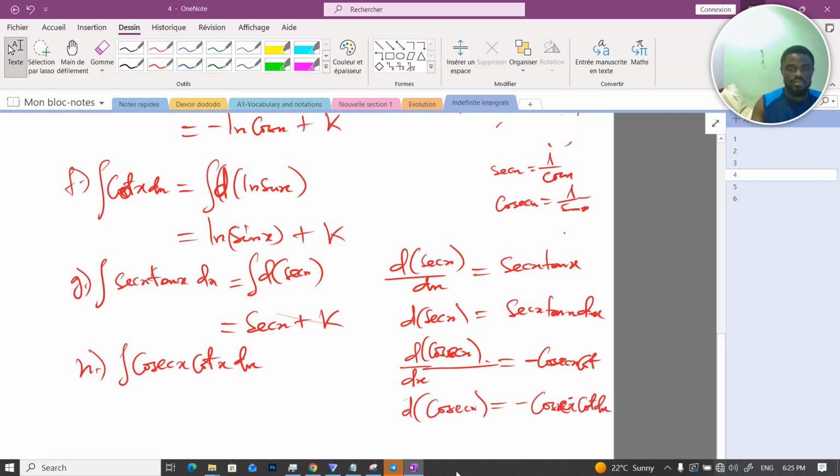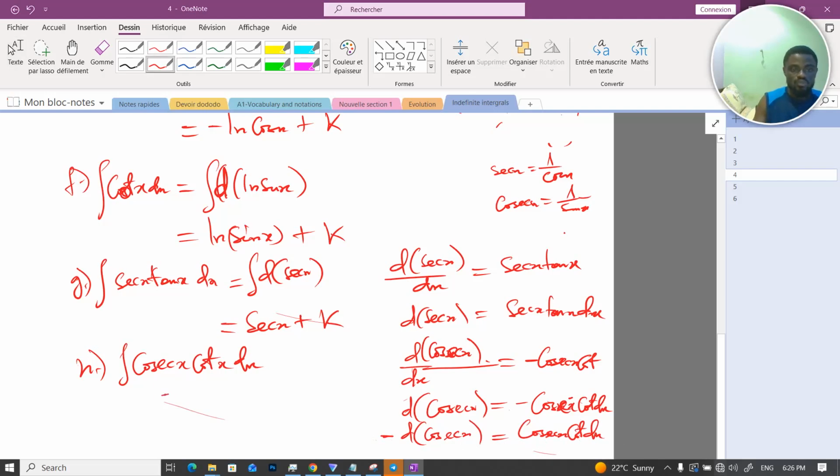x dx. So if you multiply all through by minus, you have minus d of cosec x equals cosec x cot x dx. So I'll just replace this cosec x cot x dx by minus d of cosec x.